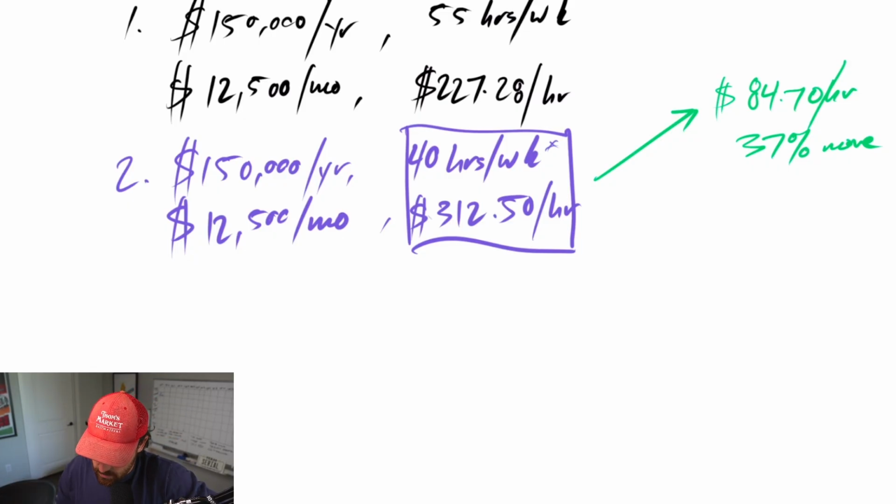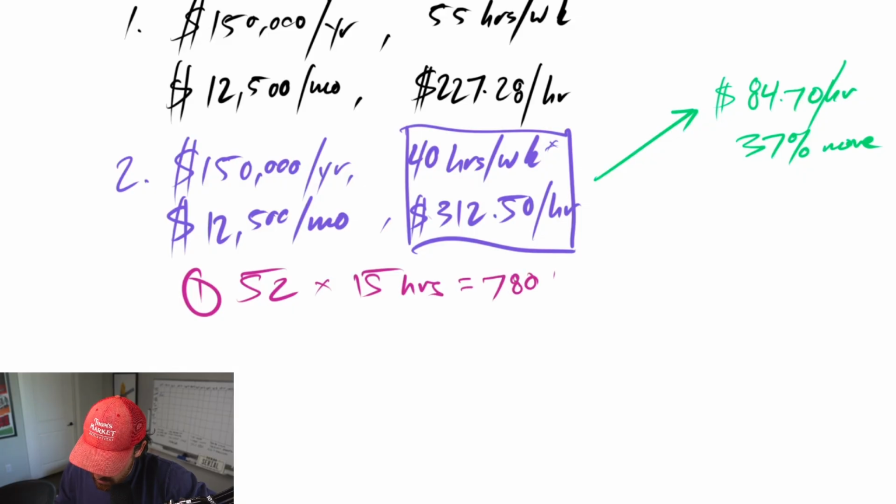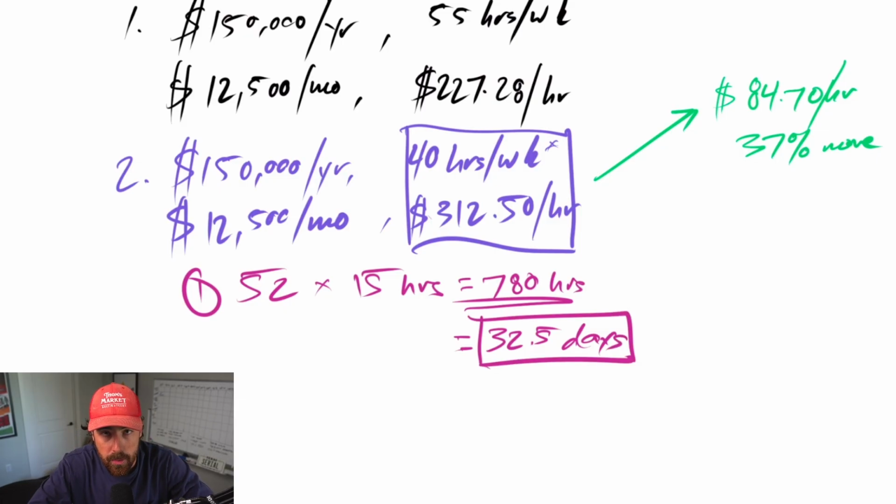So scenario one here, 52 weeks in a year, times 15 hours back equals 780 hours back. 780 hours back is also 32.5 days, which is over a month of their life back for the same money.